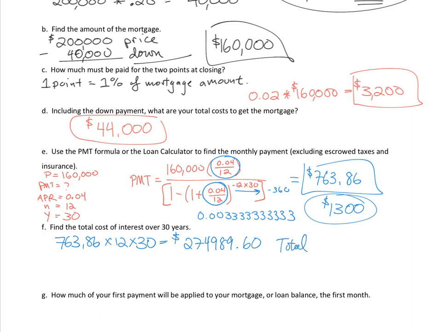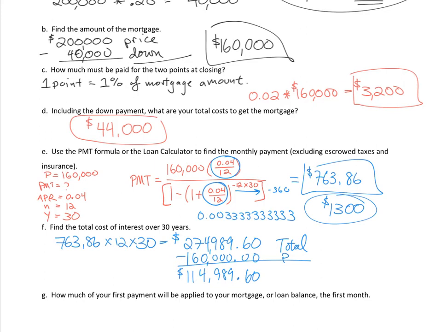To find out how much interest you paid over that amount, you would subtract away the mortgage, or the original principal, and you would get that you paid $114,989 and 60 cents more.